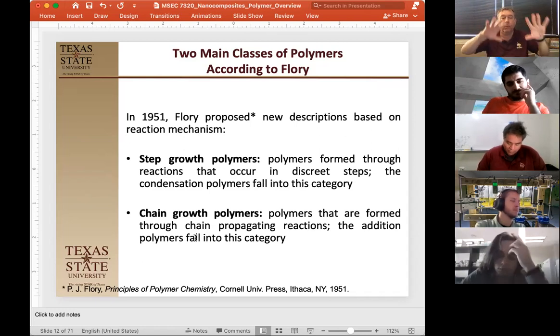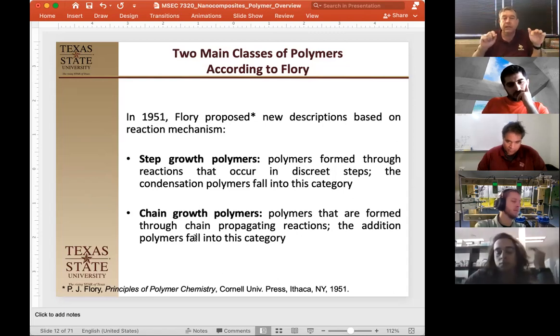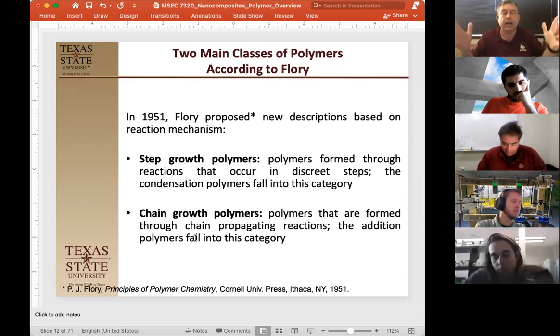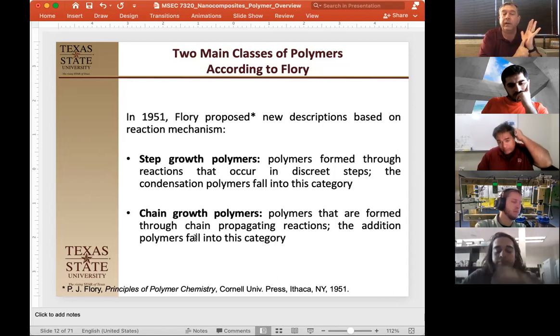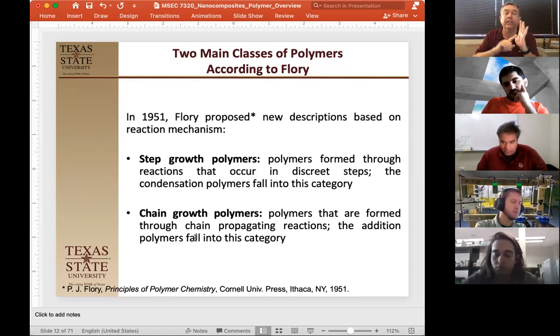And they tend to grow in first getting monomers, dimers, trimers, tetramers. And so the molecular weight is small until the very end of the reaction. At the end of the reaction, you tend to have the high molecular weight system. In contrast, chain growth polymers are similar to those addition polymers, where you start growing on one of the monomers, and all the other monomers will react with that one that's growing, because it'll have a reactive end group that'll continue to grow.